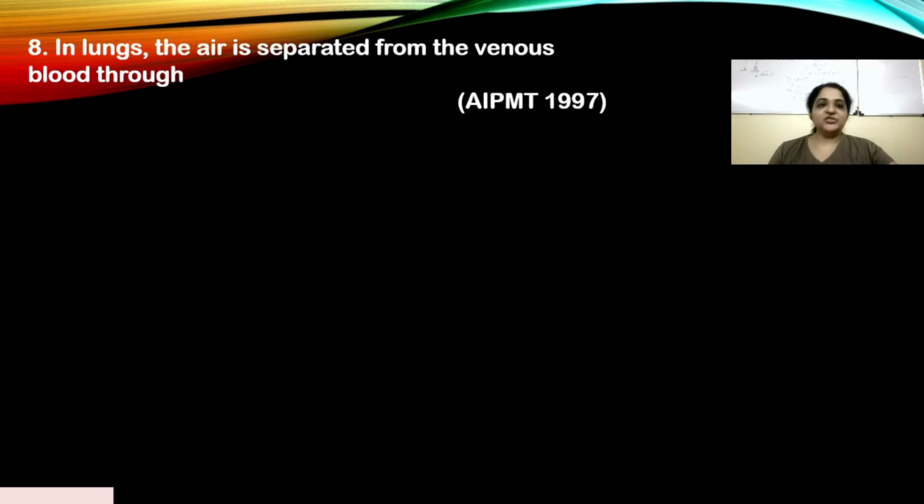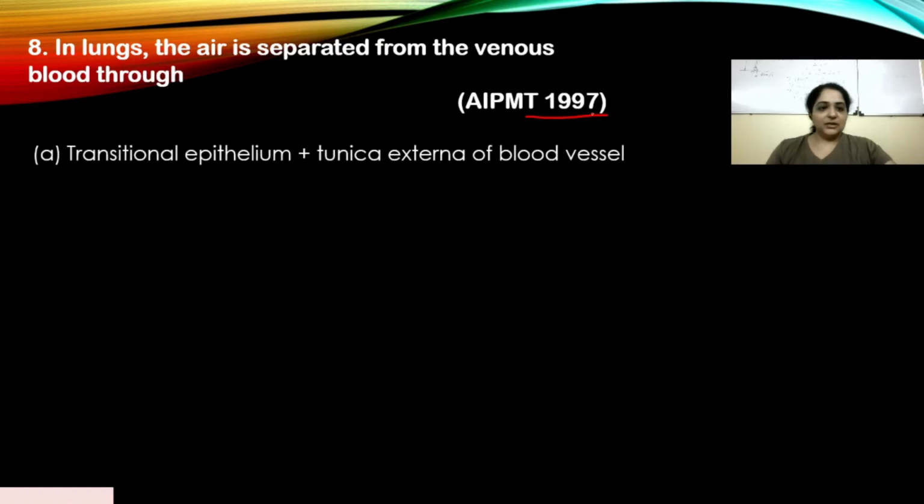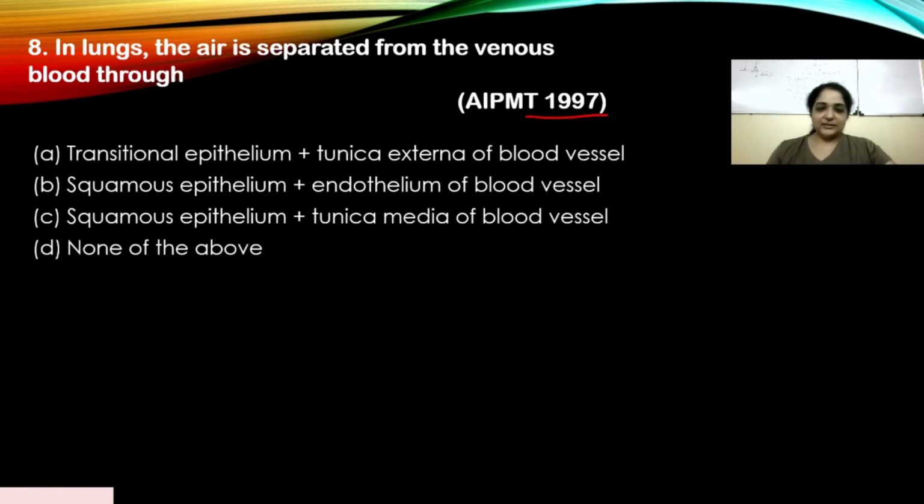Okay, so question number 8. In lungs, the air is separated from the venous blood through, and this appeared in 1997. Let's look at our options A, B, C, and D. Again, pause the video and write down what you think is the right answer and come back to this. Option A, transitional epithelium plus tunica externa of blood vessel. No, that is incorrect.